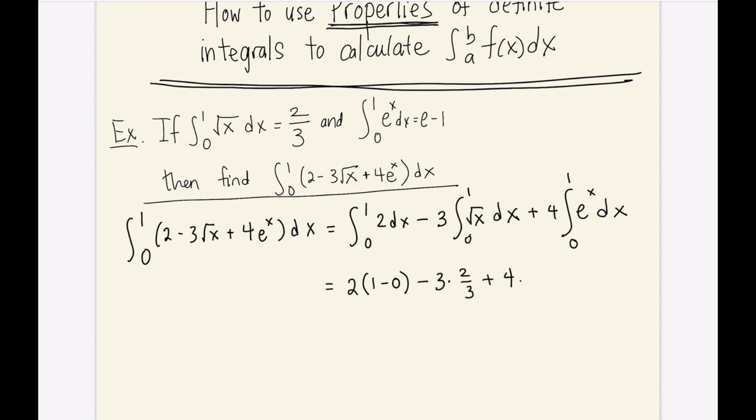And this integral right here, we were told is equal to e minus 1. So as long as we trust that. Okay, and I'm just going to simplify a little. I get 2 minus 2 plus 4e minus 4. So my final answer is just 4e minus 4.